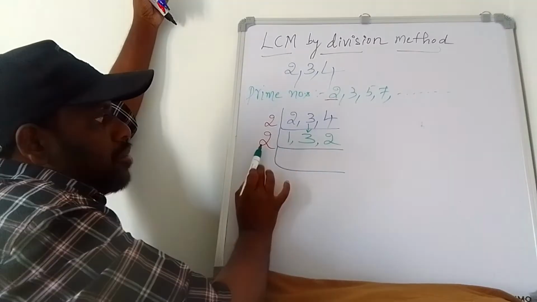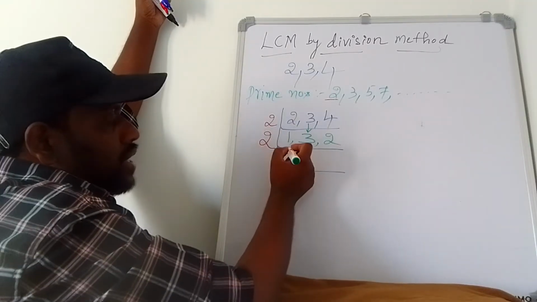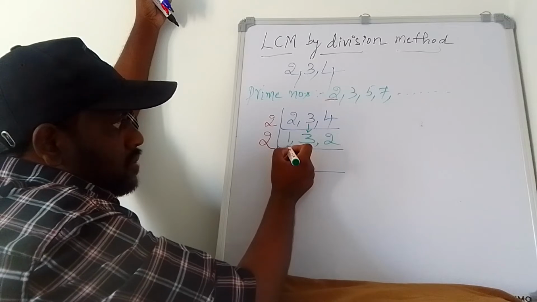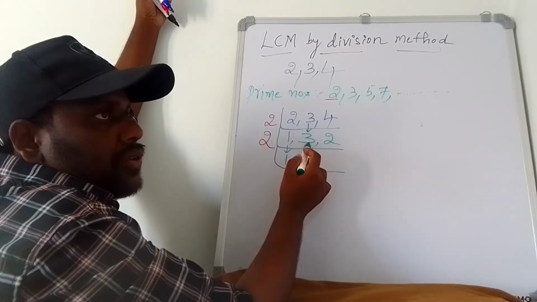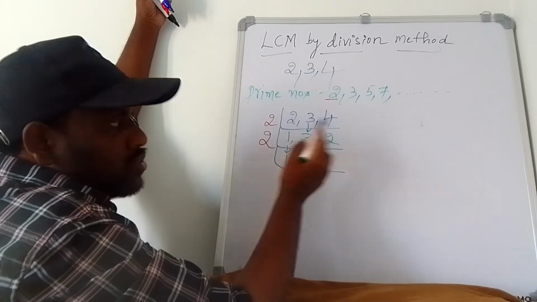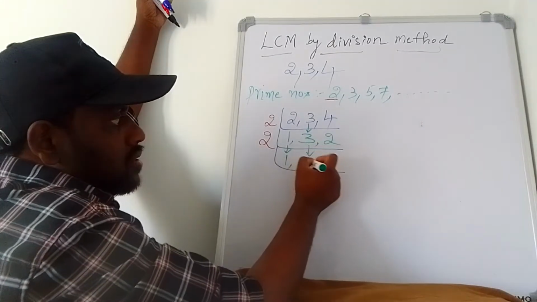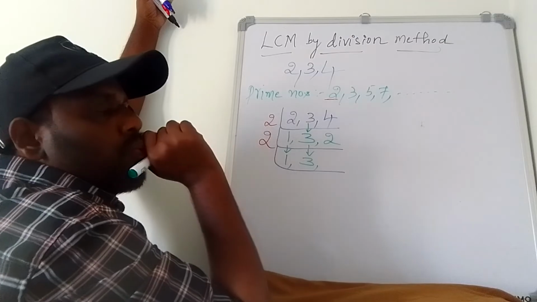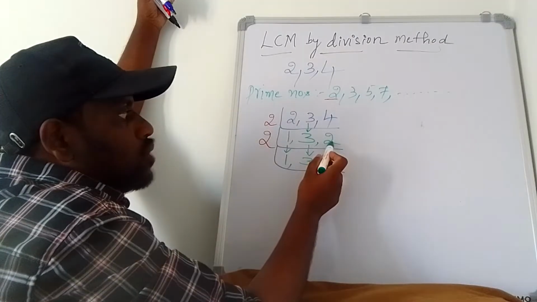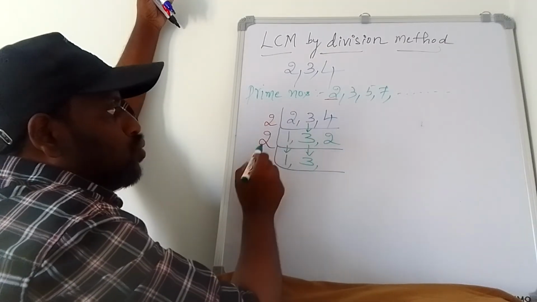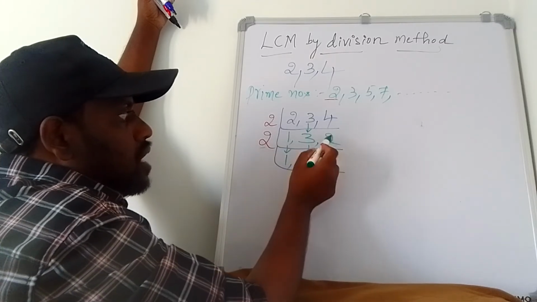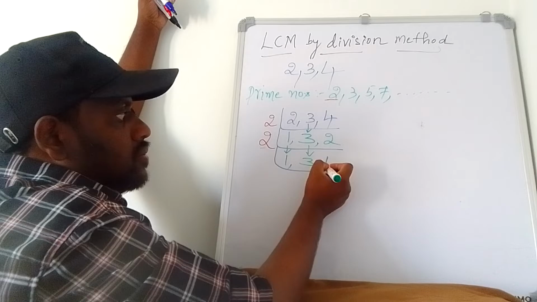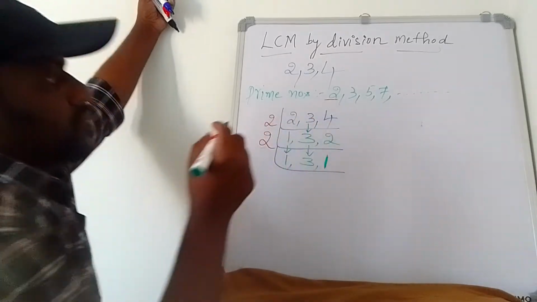This 1 cannot be divided by this 2 completely, so you take it as it is. 3 cannot be divided by this 2 completely, so take it as it is. Now this 2 can be divided completely by 2, so 2 ones are 2. This is 2.